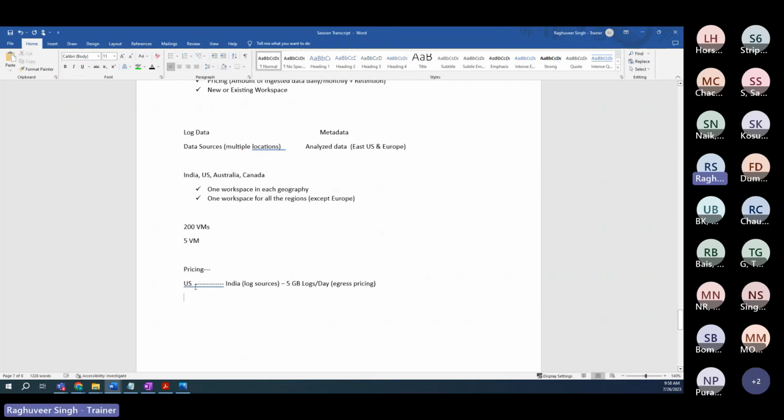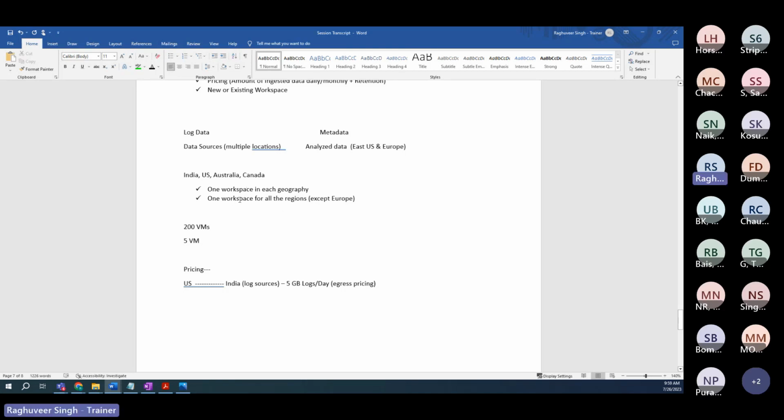Because if you create multiple workspaces, definitely your administrative efforts are going to increase. If you keep one workspace, your administrative effort will be low, but your cost may get high. You may end up mixing everything at one place and then finding it difficult to segregate it when it is needed. So it's a trade-off. You will need to take decision accordingly.